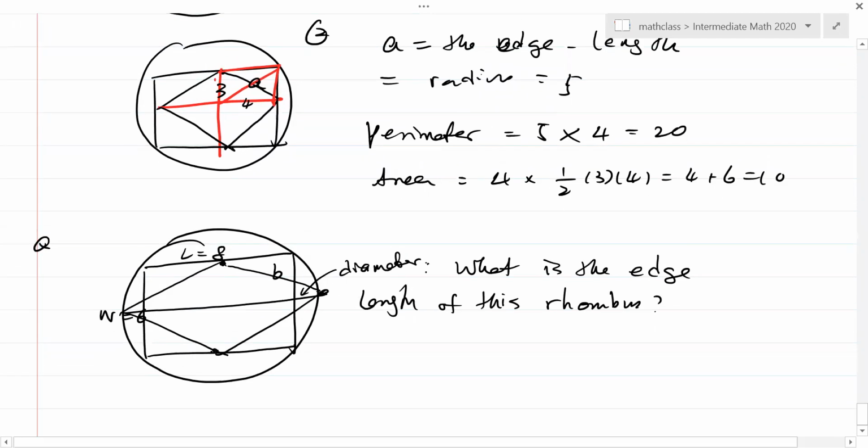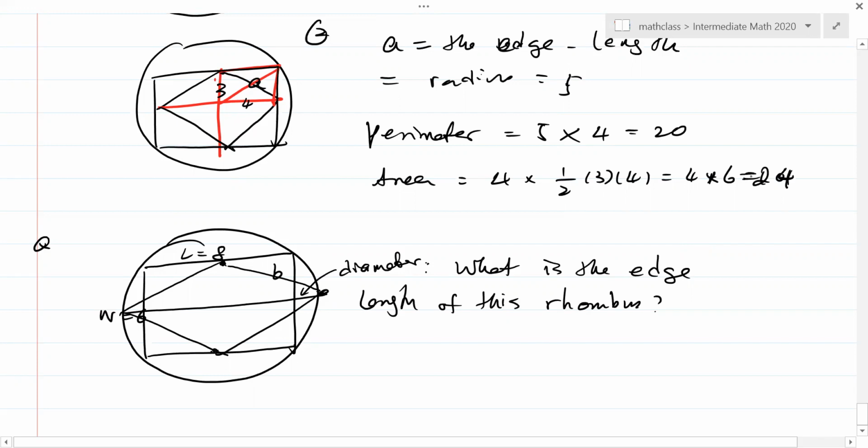The area is going to be this: the rhombus is divided into 4 right triangles. Each triangle in the above picture has an area of 3 times 4 divided by 2, which is 6. 4 times 6 is going to be 24.